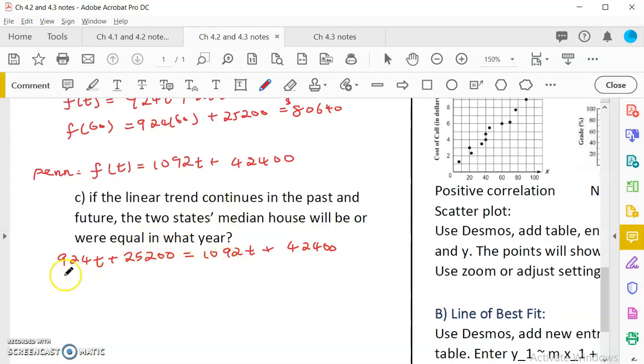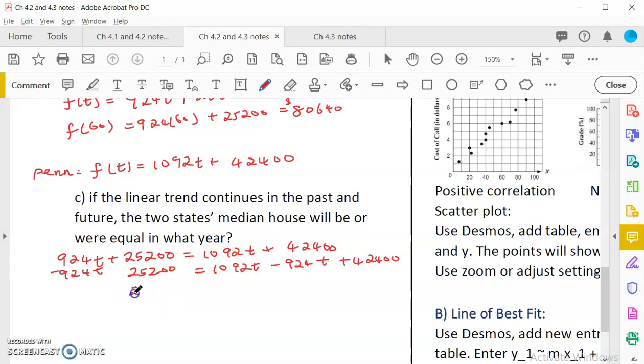To do this, I combine like terms. So 25,200 equals 1092t minus 924t plus 42,400.